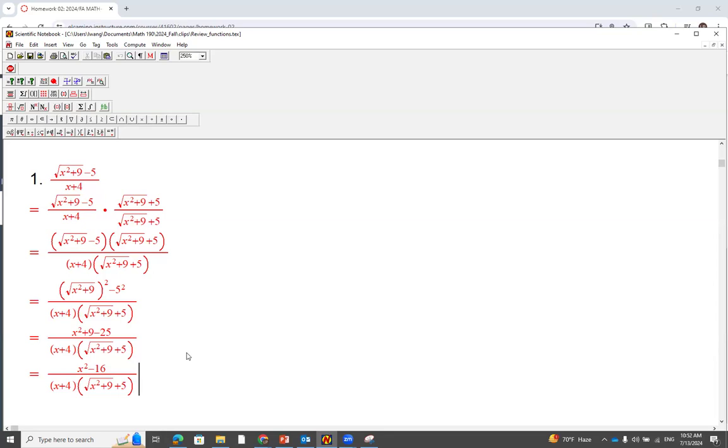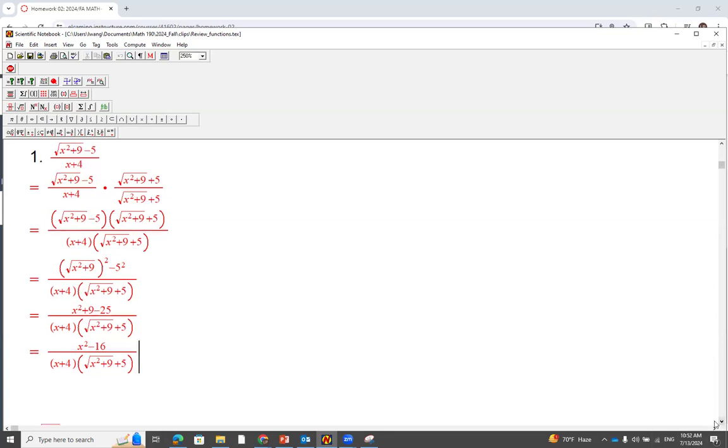Okay, and then how do we reduce from here? Well, x squared minus 16 can be factored. So x squared minus 16 is factored into x plus 4 times x minus 4. And then x plus 4 and x plus 4 will be reduced.